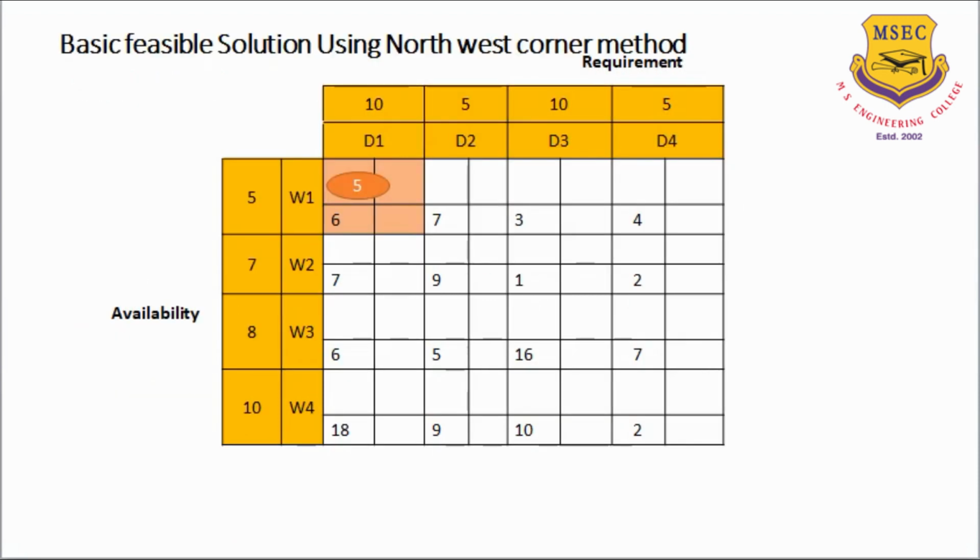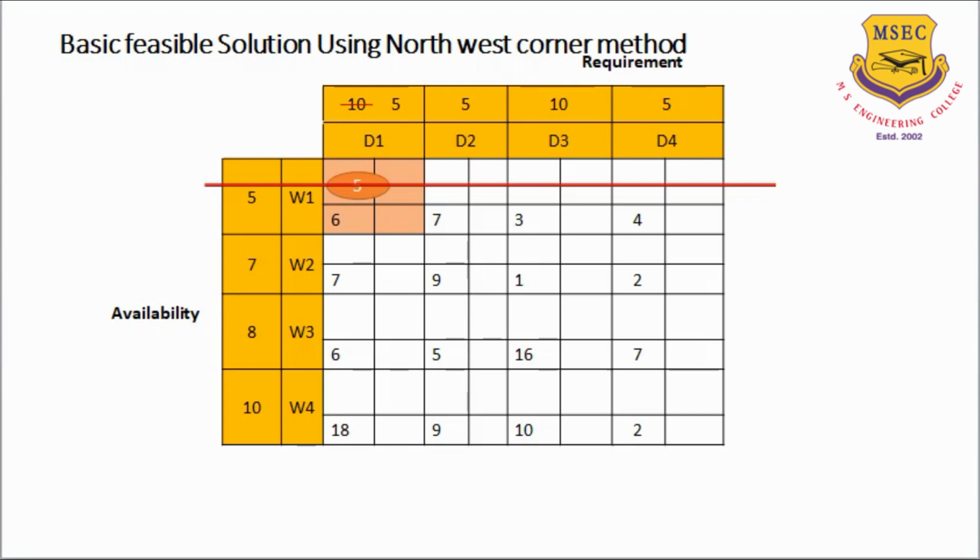In that process, I allot 5 units from W1 to D1, and thus the availability at W1 is exhausted and the requirement at D1 gets reduced by 5 units. By that, I also cancel the W1 row.